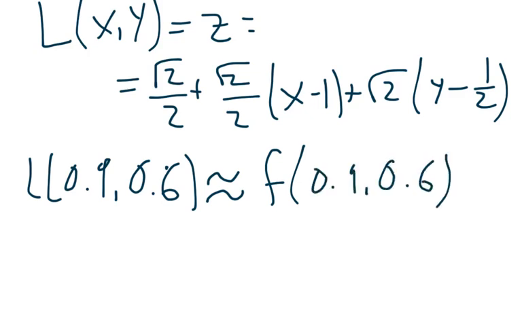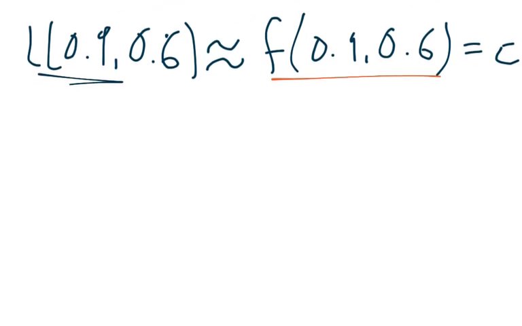So we're going to use L to find this number C, which is equal to f of 0.9, 0.6, and we're going to find it by this linear approximation.